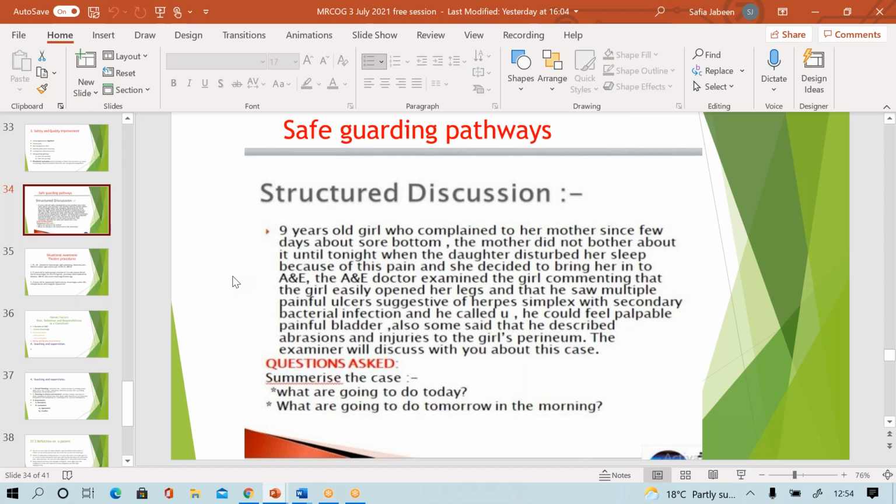Because in the exam I said I will inform the police, and the examiner was very angry. You will inform the police? She was showing that I was very wrong to inform the police. So I don't know, should we inform the police in the night? Maybe I did not present nicely, so that's why she was correcting me.